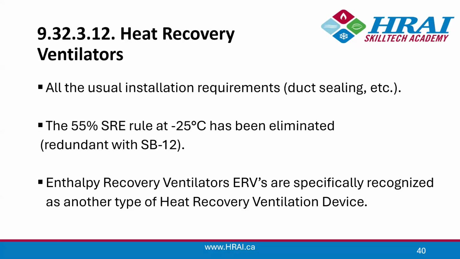We've got SB12 and it already exceeds that, so we're going to be using those numbers instead. The one thing it does take in is that enthalpy recovery ventilators, what we commonly call ERVs, are specifically recognized as just another type of heat recovery ventilation device. So when you say one, it includes the other anywhere in the descriptions and in the code.